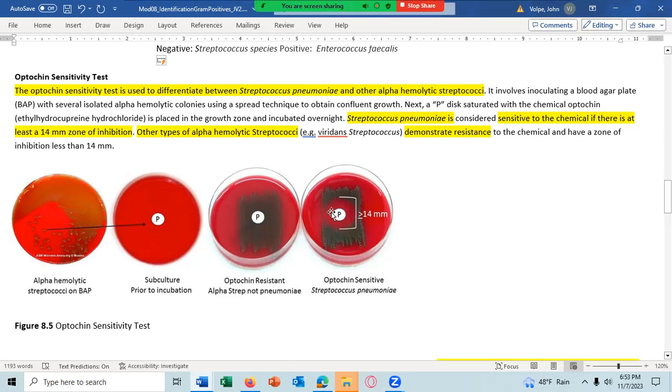If it is resistant to optochin, then it is not Streptococcus pneumoniae, it's some other alpha hemolytic Streptococcus. What you do is you take the bacteria, and that shows alpha hemolysis.